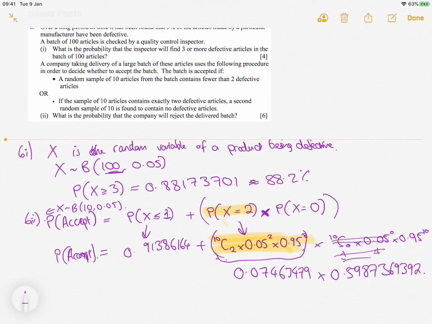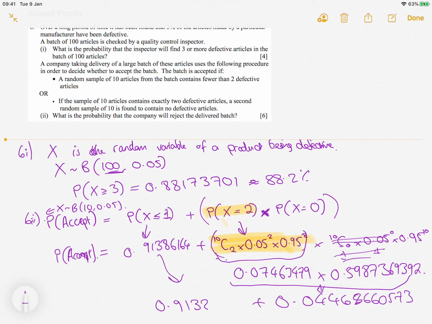Then I'm going to times those two numbers together, and I'll get 0.04468660573. So this sum here equals that, plus this number from before, because that's our AND or OR scenario.